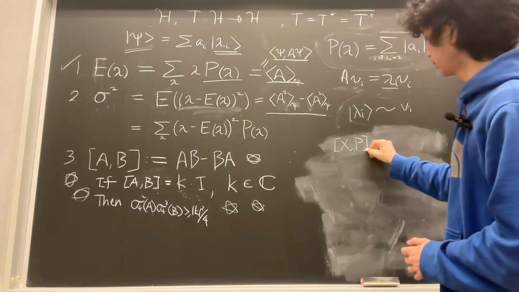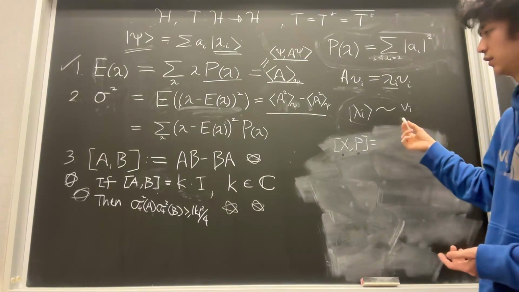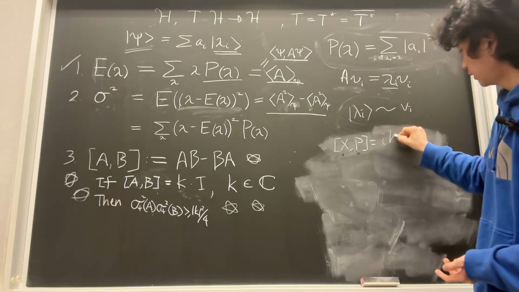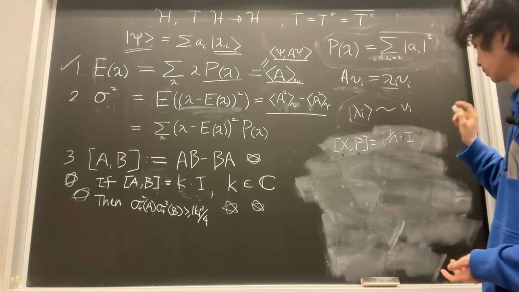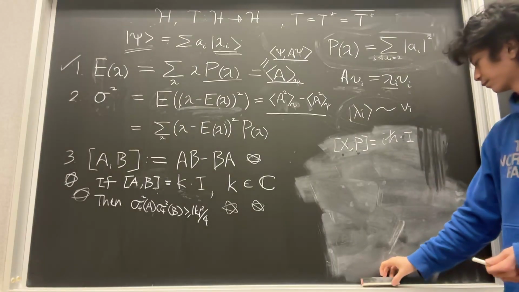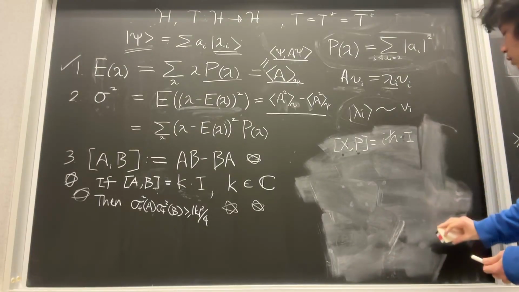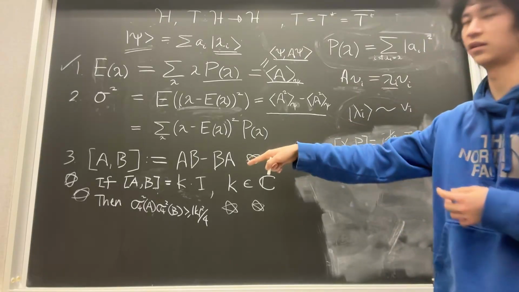The commutator between your position measurement and your momentum measurement is i h bar times the identity, but no one cares about the identity. So what does this tell us about our uncertainties, or variance?